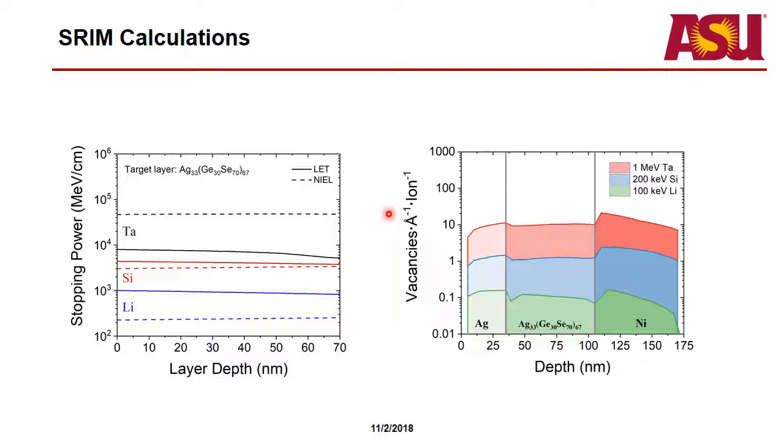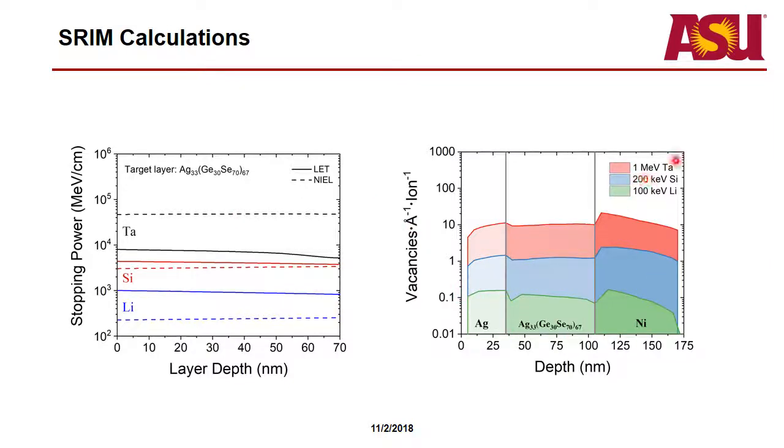I'll get to a plot later, but we want to try to correlate any failures or effects we see due to radiation with the type of radiation, whether it be TID or displacement damage. By having this array of different values, it allows us to correlate the effects to either non-ionizing energy loss or LET. And then this plot here shows the vacancies, so essentially this is the interactions that are causing displacement damage.